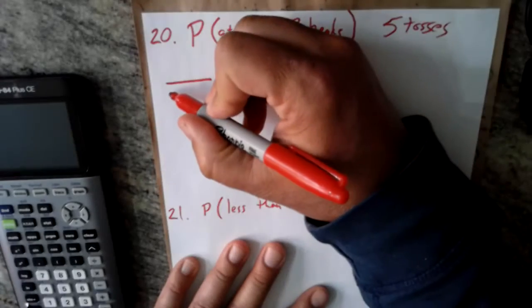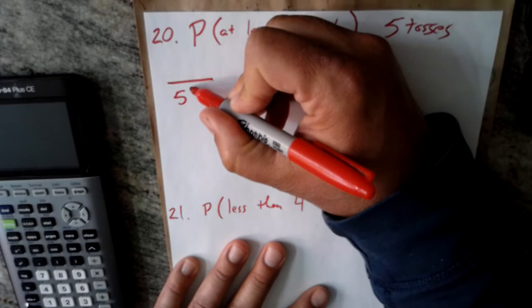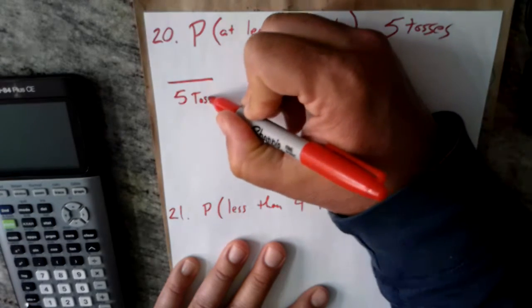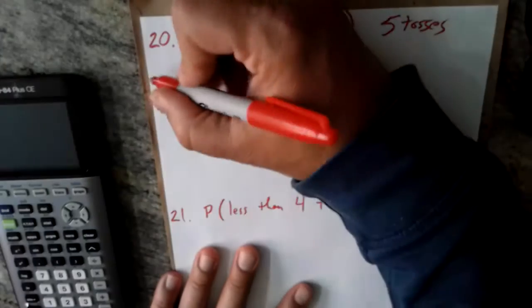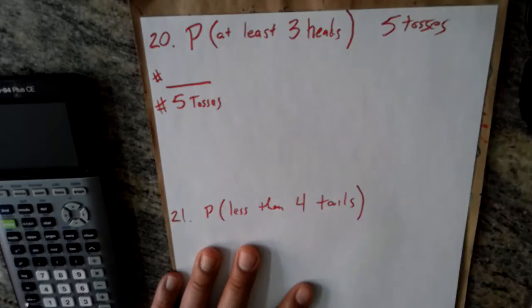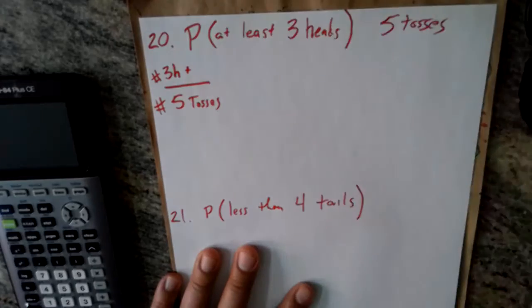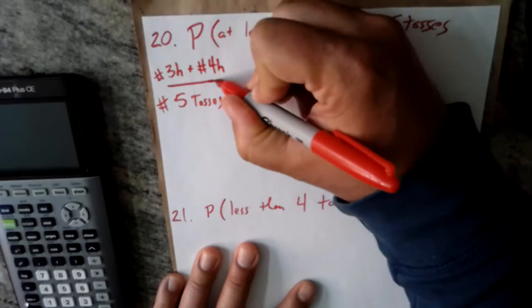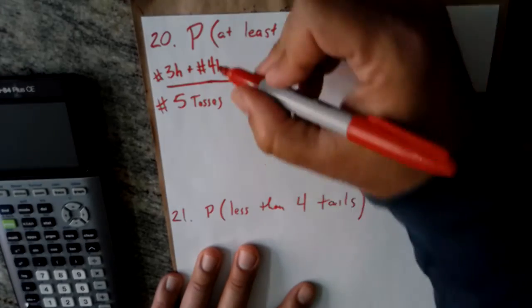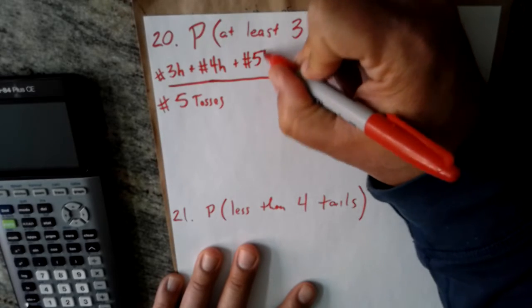How many ways can we have 5 tosses on the bottom? And on the top, the number of ways we could have 3 heads plus the number of ways we could have 4 heads, because that's at least 3, plus the number of ways we could have 5 heads.